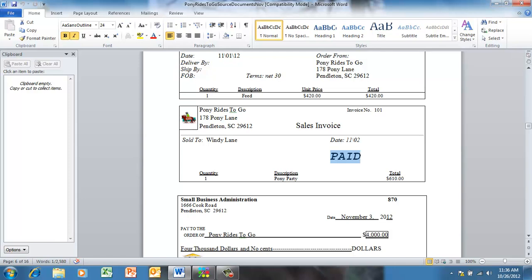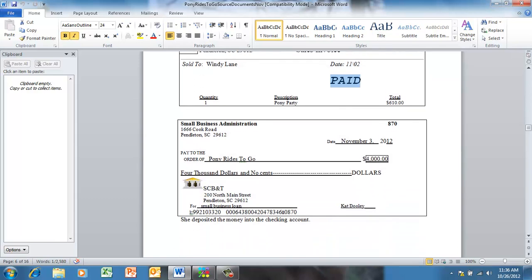You can see the video for Pony Rides to Go Part 3, in which I will talk about the check register and how to put this on the check register. But remember, every time you have cash involved, you have to put the journal entry in your journal paper, and you have to put that transaction in the check register.